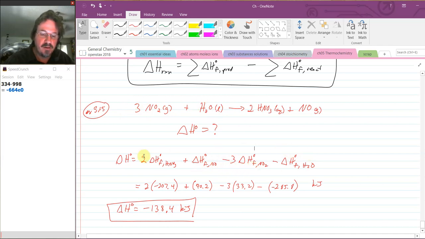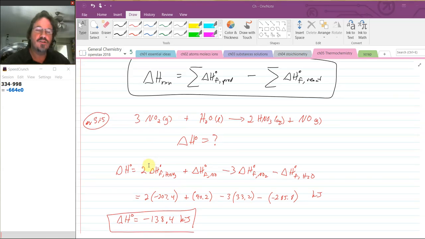So again, products minus reactants. That's simple. Products minus reactants, which is kind of, if you want to think about it, final minus initial. Okay. Of course, you have to find these values. What is delta H formation of nitric acid, aqueous, of nitrogen monoxide gas, of water, liquid, etc., etc.